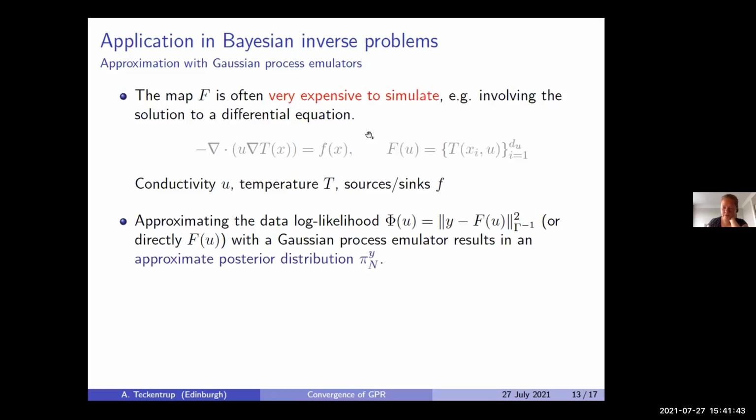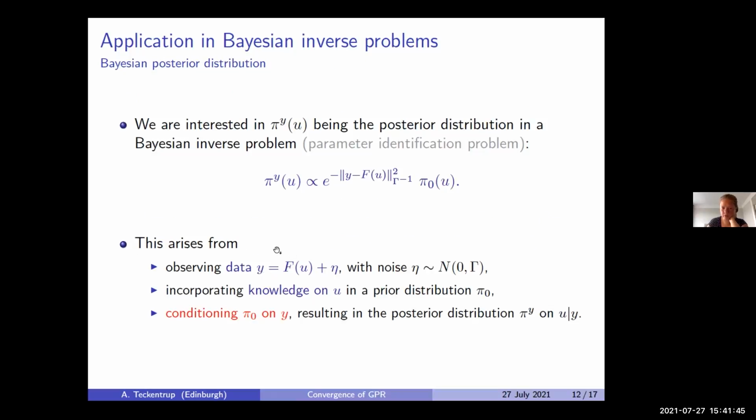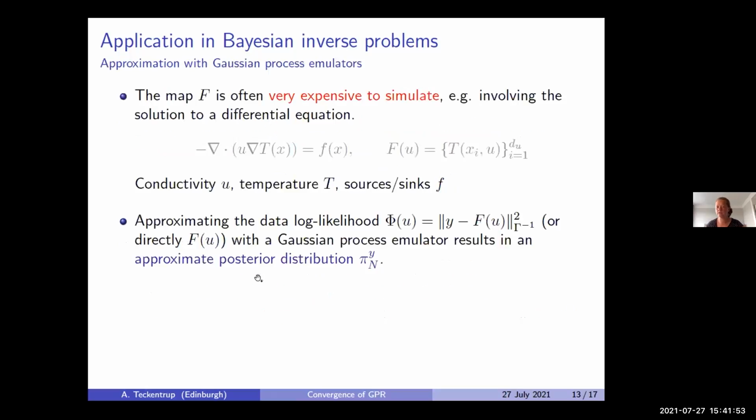In this setting, the map F that you have, the observation operator that maps your unknown U that you want to recover to the observed data, is often very expensive to evaluate or simulate. That could involve, for example, the solution to a differential equation. You could, for example, have this PDE here, which is the steady state heat equation, so the time derivative is 0.